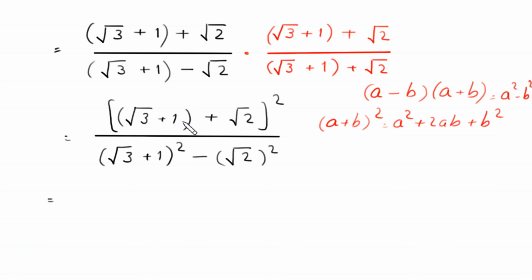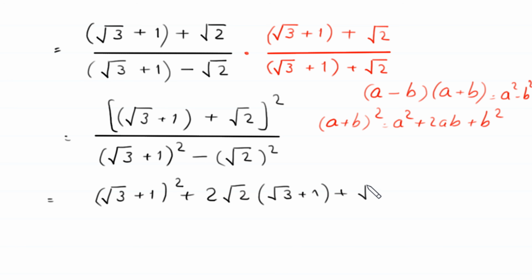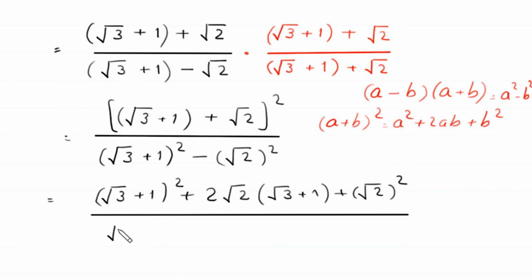This square root of 3 plus 1 plus square root of 2 whole squared will become square root of 3 plus 1 squared plus 2 times square root of 2 times square root of 3 plus 1 plus square root of 2 squared, divided by, using this algebraic identity, this square root of 3 plus 1 whole squared will become square root of 3 squared plus 2 times square root of 3 plus 1.